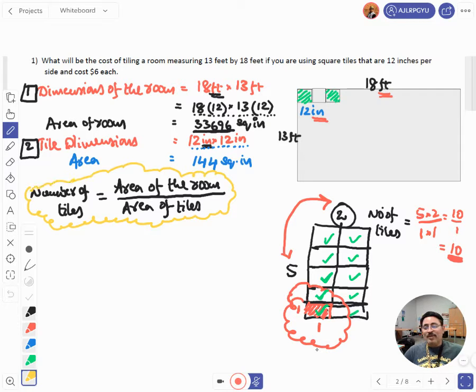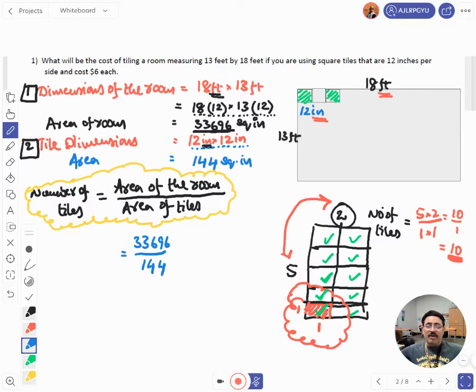So now let me plug in here. What is the area of the room? You already computed that. That is 33,696 over area of one tile, which goes to the denominator, which is 144.